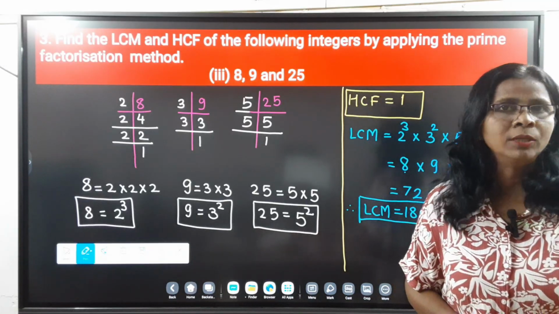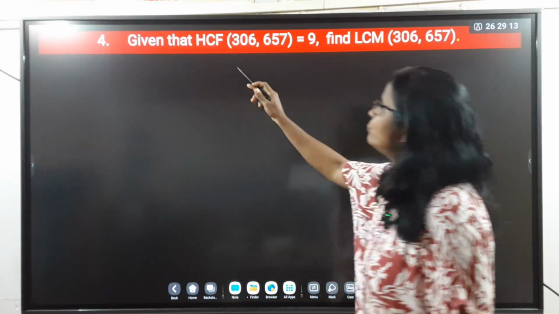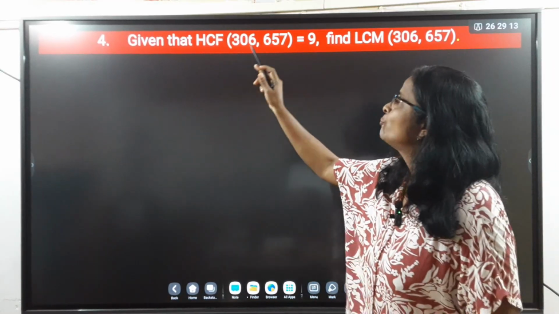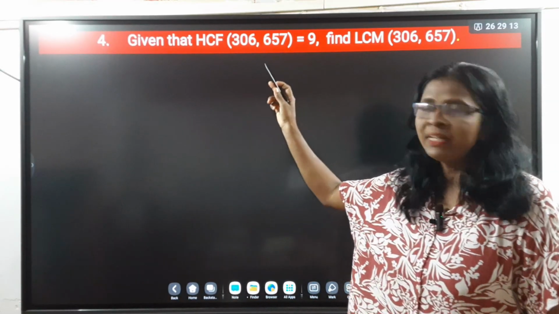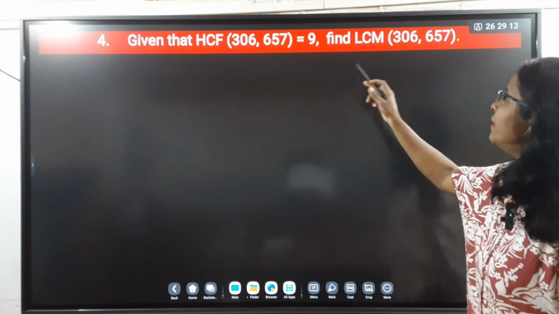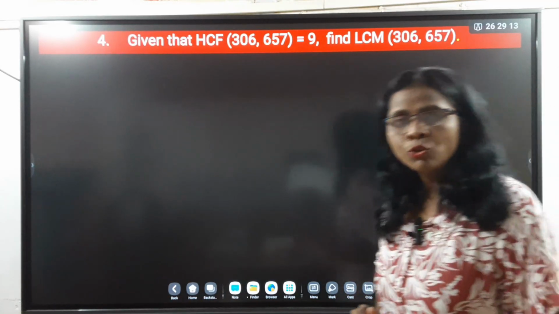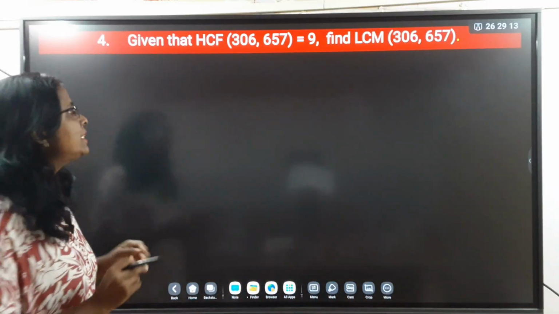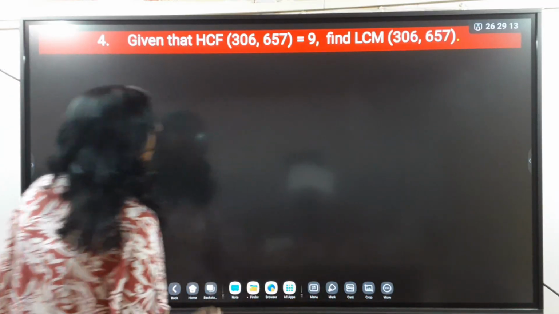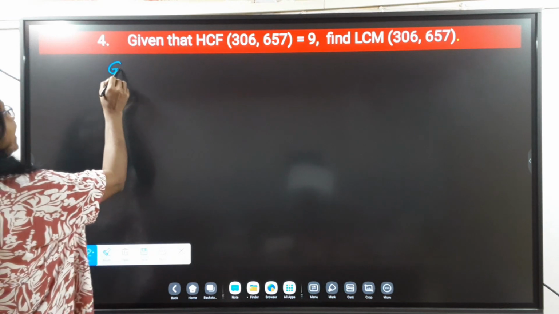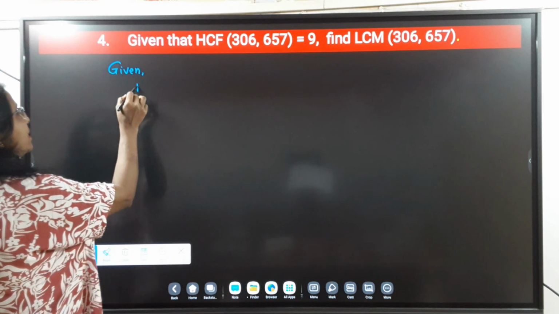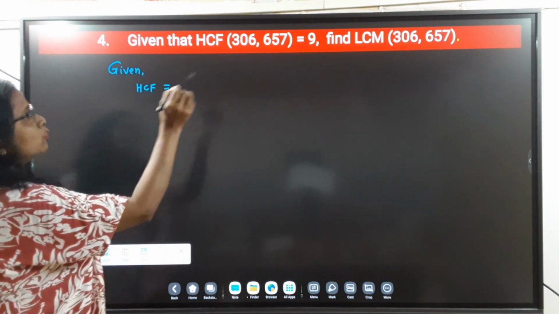If three numbers are given. Okay. Given that HCF of the two numbers, that is HCF of 306 and 657, is equal to 9. Find LCM of 306 and 657. So now here students, first we write the given. What is the given here students? The given is HCF is equal to 9.